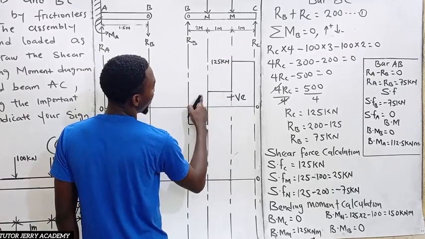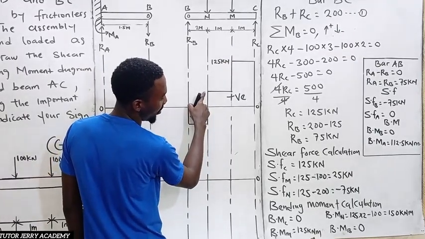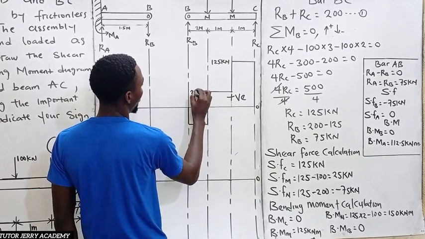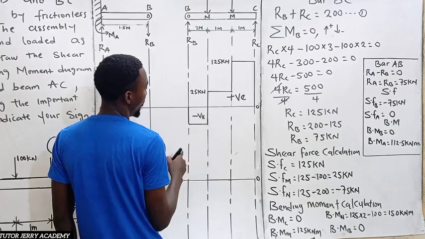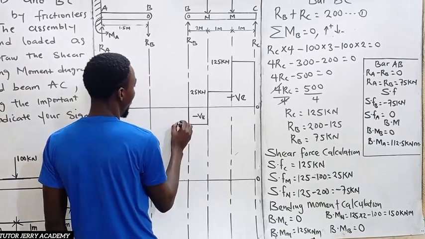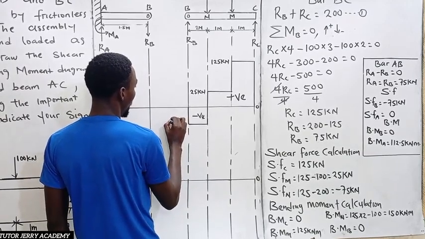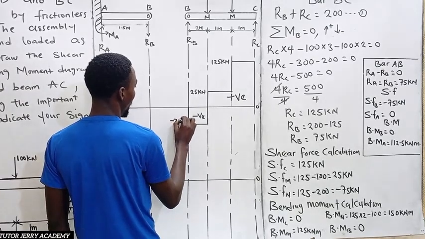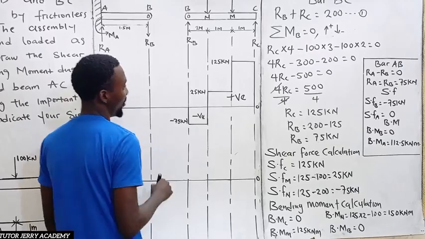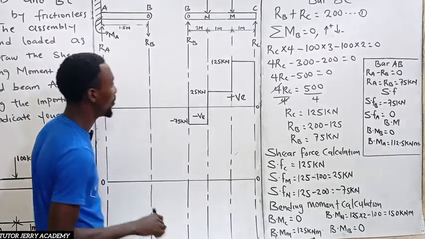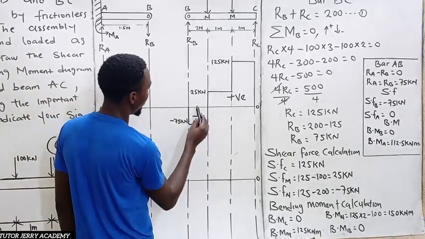Here is going to be our 25 kilonewton, and here is going to be our negative 75 kilonewton. So we can decide to shade.